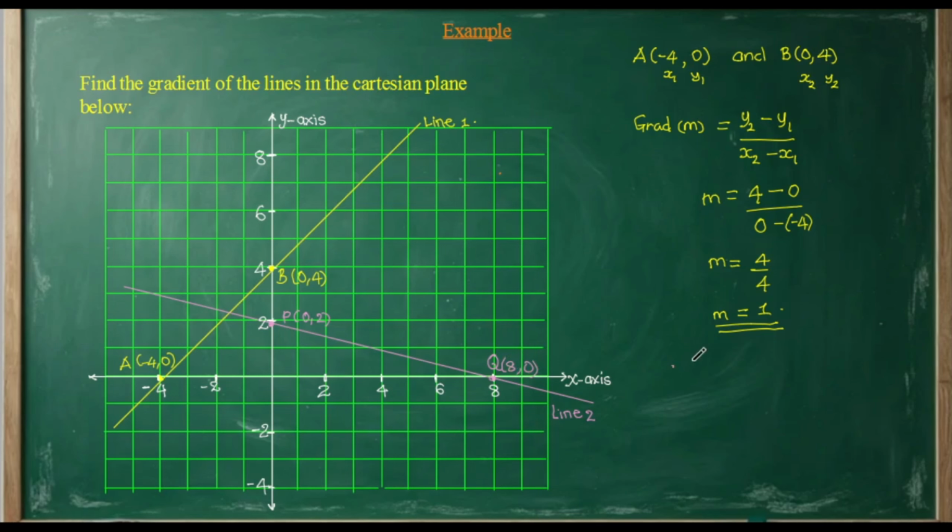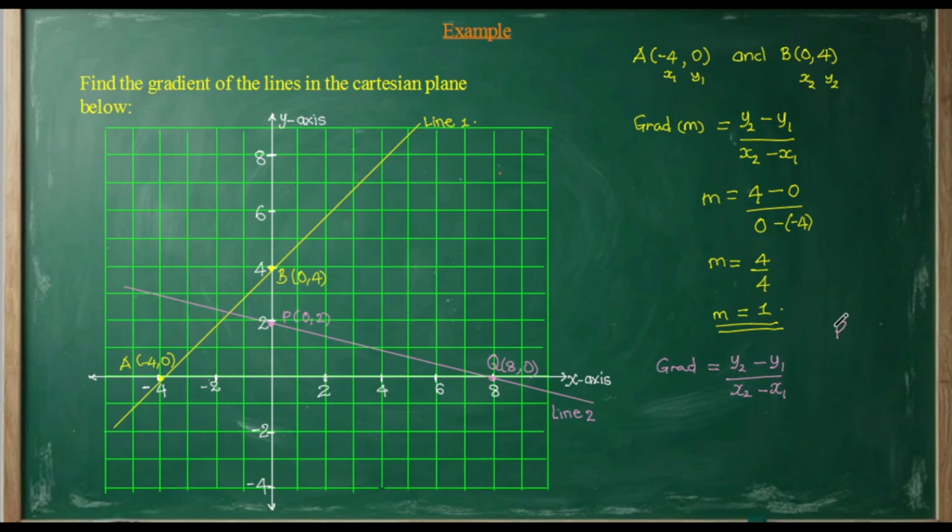So here realize that our gradient is given by y2 minus y1 over x2 minus x1.